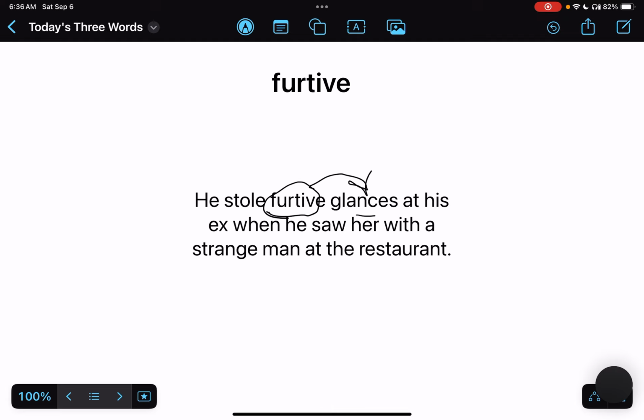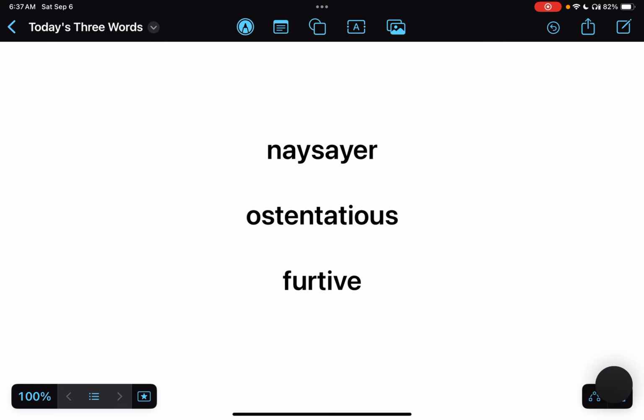So you could probably imagine this scene, or if you've been in relationships before, many of us have, where we've had breakups and we happen to see our ex somewhere and maybe don't want to talk to them, but if they don't see us, we're kind of glancing at them to see what they're up to. Anyway, secretive glances, furtive. That's what furtive means.